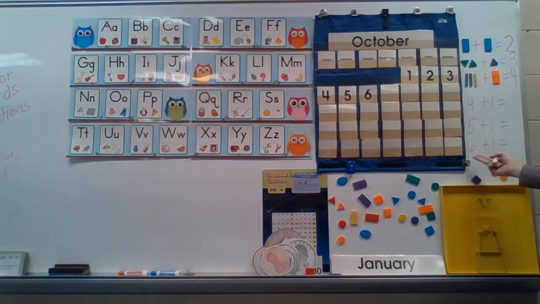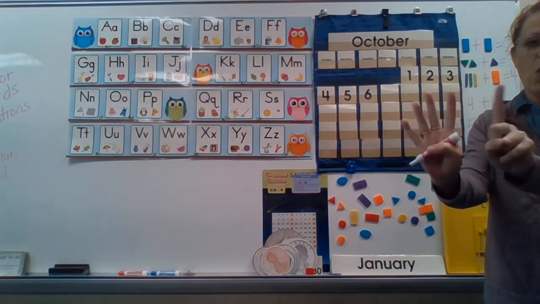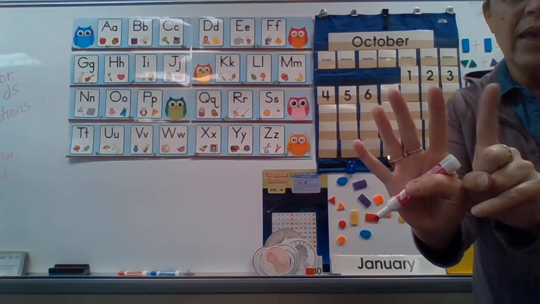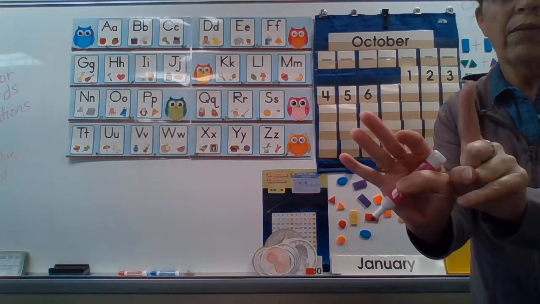Now I use numbers down here, all right? So this equation or number sentence says 4 plus 1 equals. So if I have 4 apples and someone gives me 1 more, how many apples will I have altogether? 1, 2, 3, 4, 5.